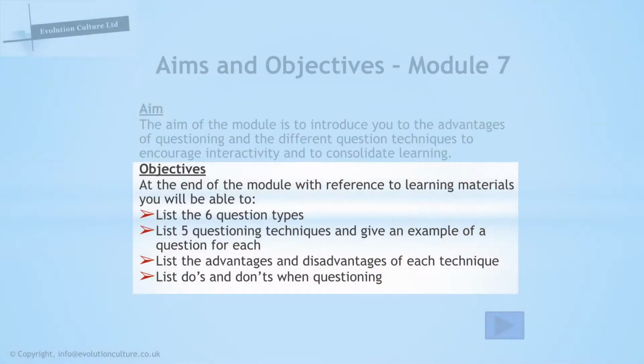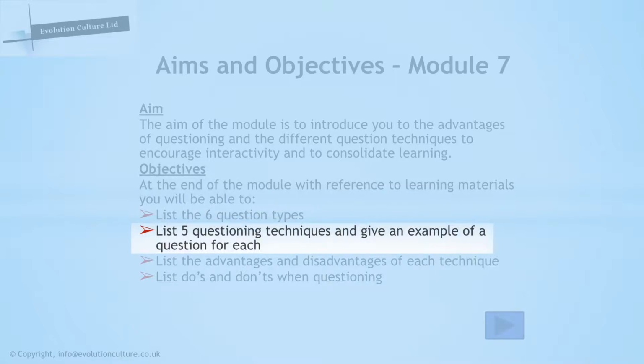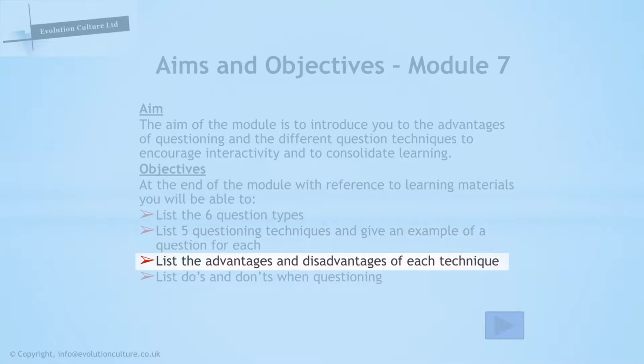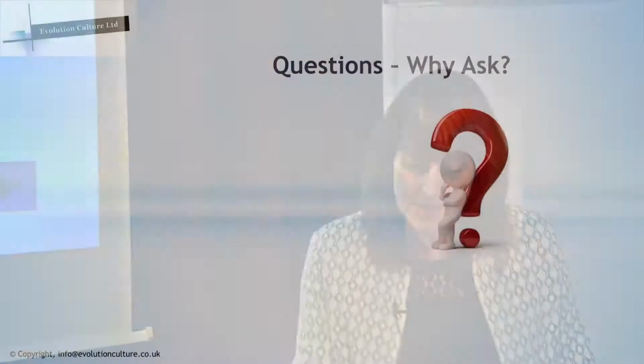Specifically on the objectives, we've got list 6 question types, we've got list 5 of the questioning techniques, and you'll be able to give an example of each, list any advantages, disadvantages, and list the do's and don'ts when questioning. So those are the aims and objectives.